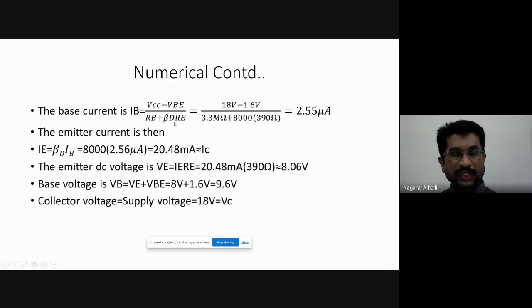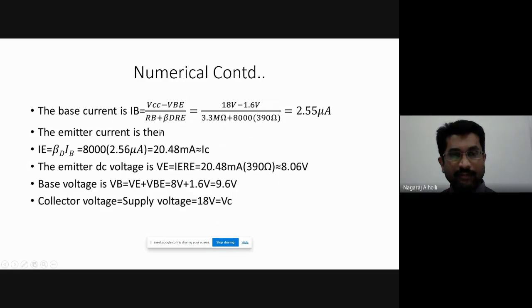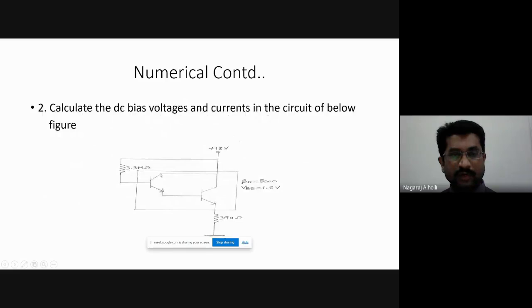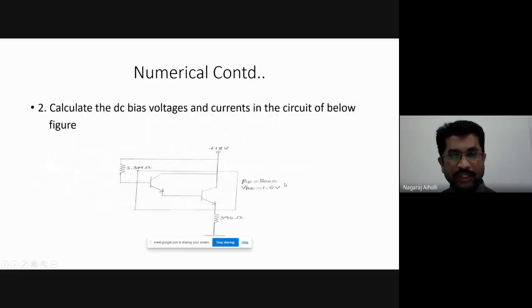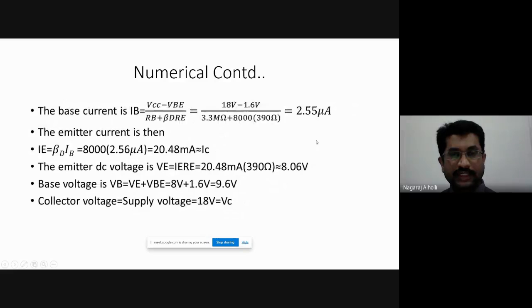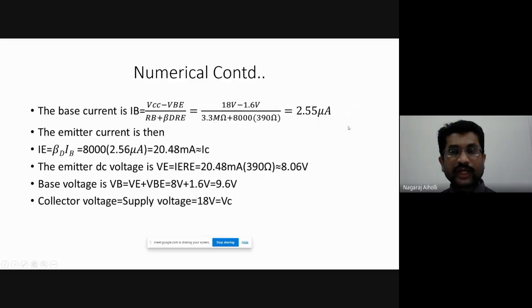VBE they have given as 1.6 volts, the voltage of the Darlington connection. Divided by RB, the base resistance given as 3.3 mega ohm, plus beta D given as 8000 into RE, 390 ohm. This comes out to 2.55 microampere. Just check your answers.